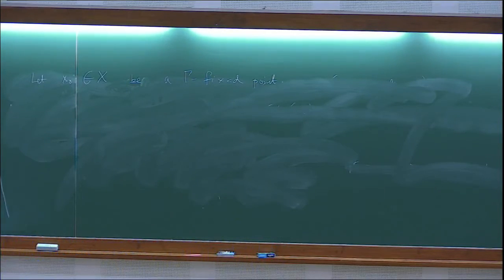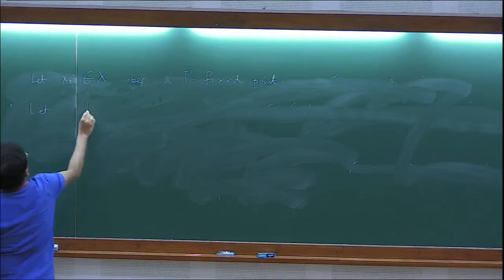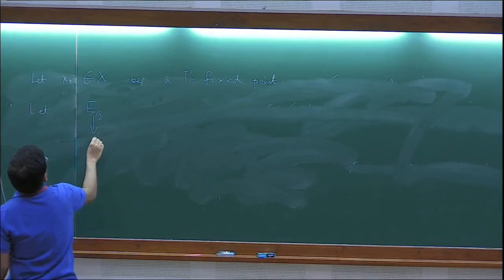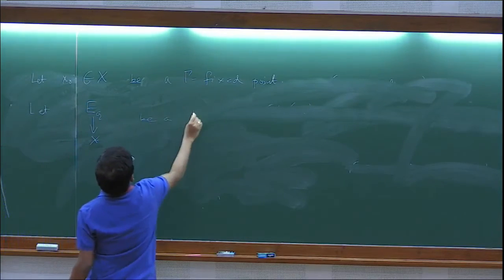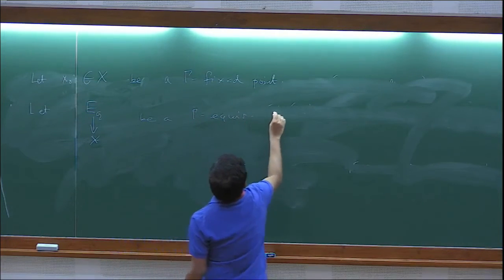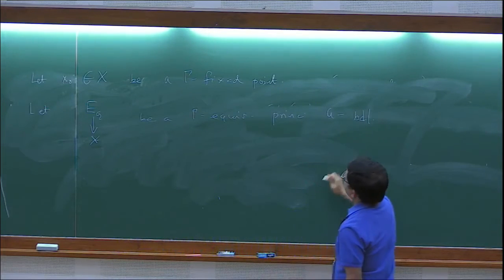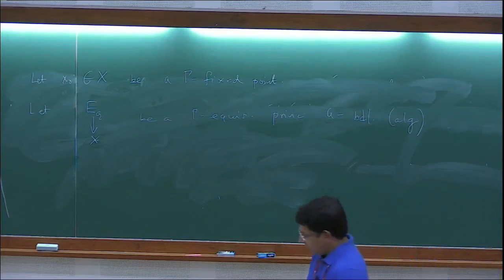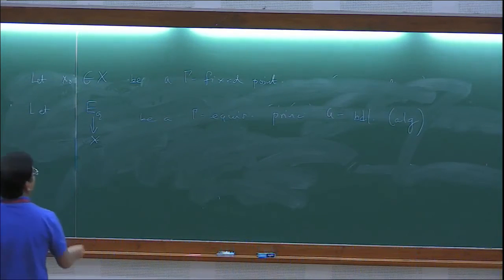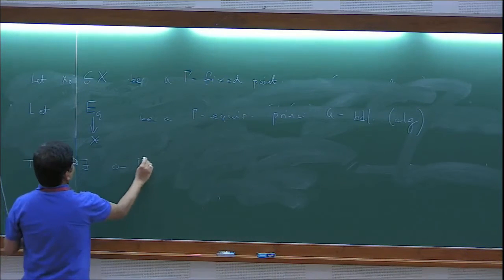Okay, so now let X be a gamma equivariant algebraic principal G bundle. Then there exists a gamma equivariant trivialization in the algebraic sense.